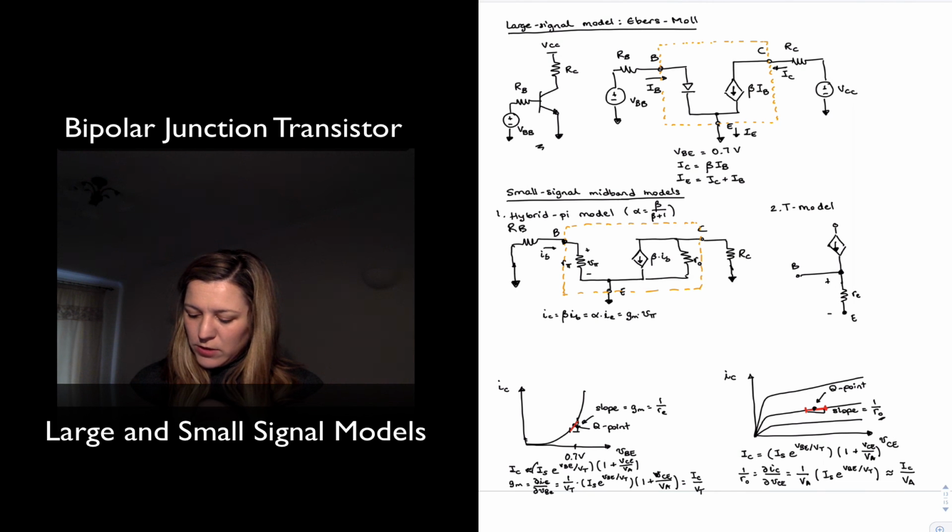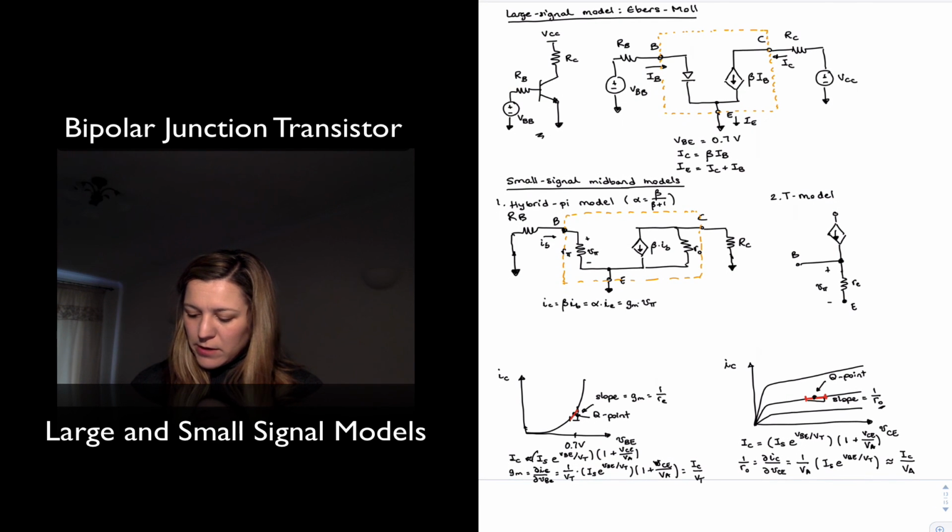This is our voltage between base and emitter, V pi. This is beta IB, even though in the T model, it's more common to just say alpha times IE. And that's it. If we wanted to represent the output resistance, we can also do so as little RO.